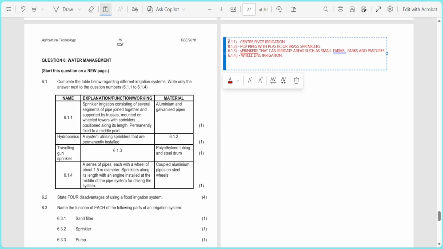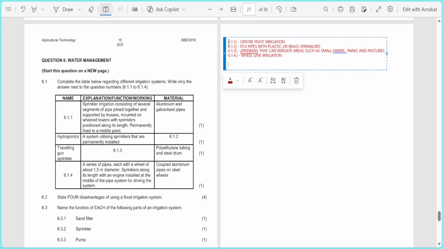So this table was actually testing your ability to match irrigation systems with their descriptions and materials. The center pivot irrigation is that iconic circular system you see from airplanes. It rotates around a central point covering large circular areas. For the hydroponic, I think this one was a bit tricky, but I'm confident with 6.1.2.